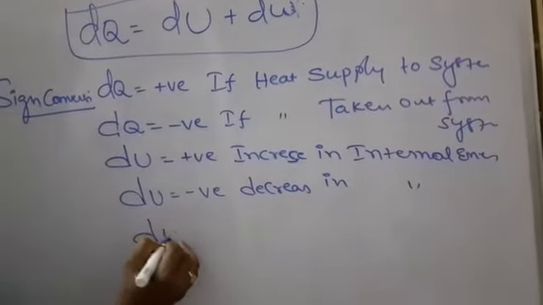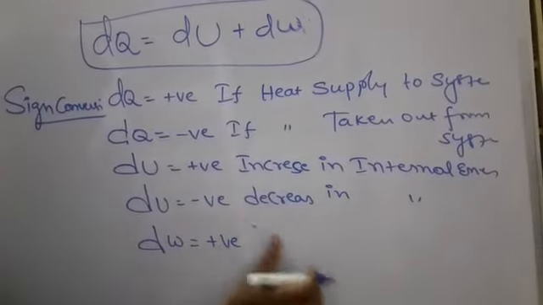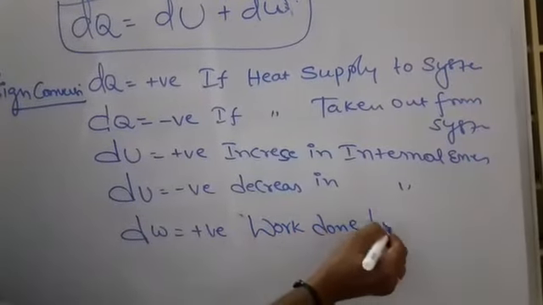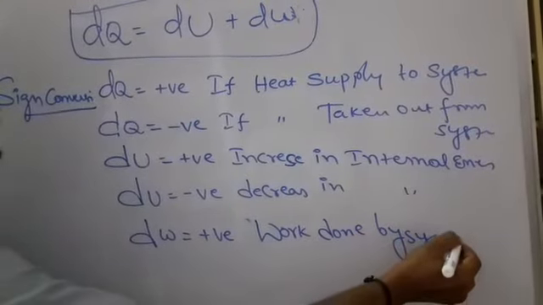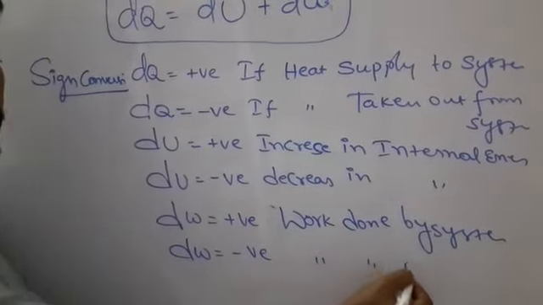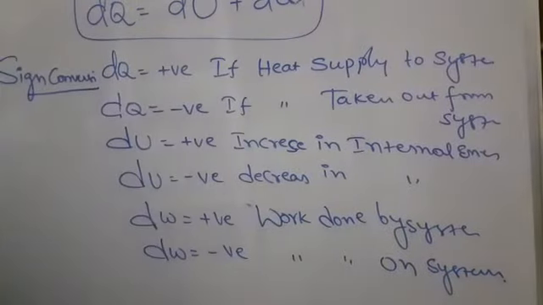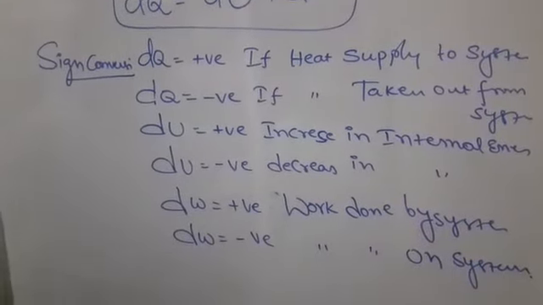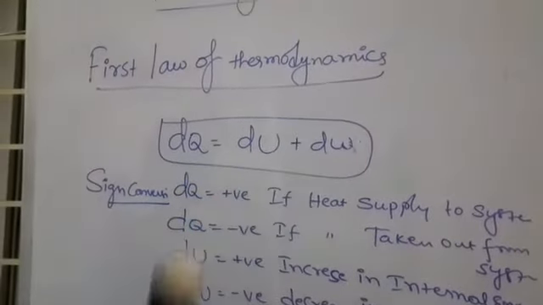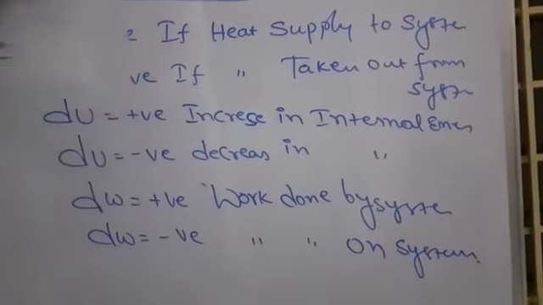Next, dW is positive for work done by the system. dW is negative for work done on the system. So these are the conditions. When we are doing problems, we can substitute these conditions into this equation and you will get the result. So that is the first law of thermodynamics concept.